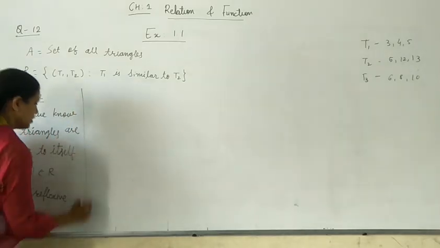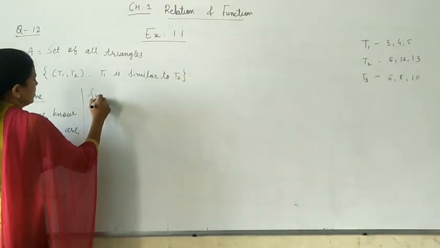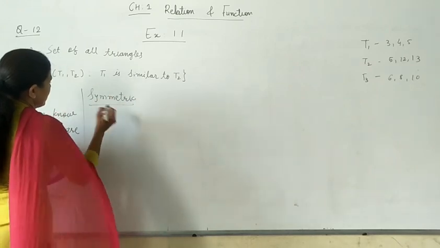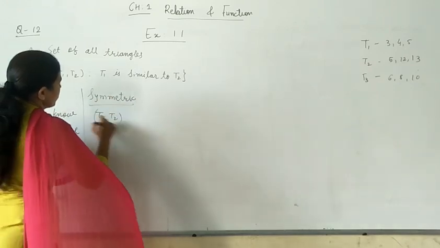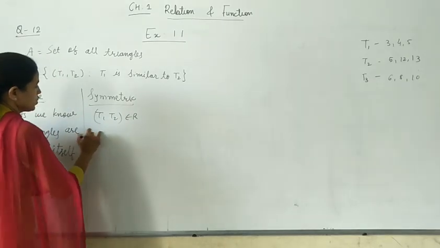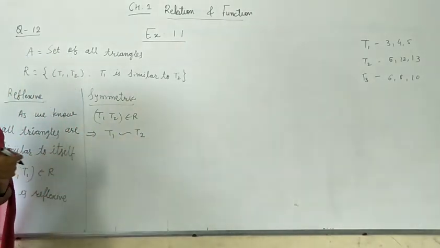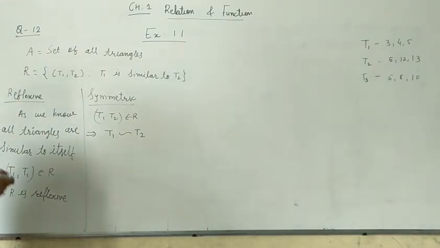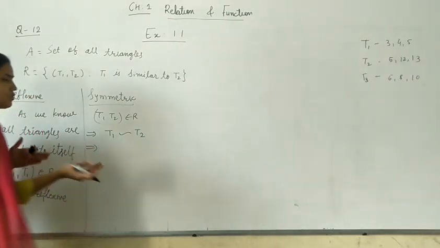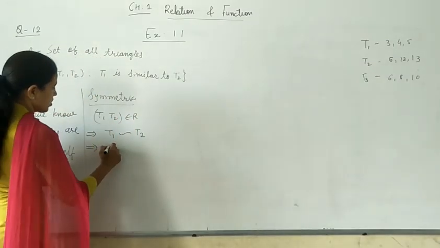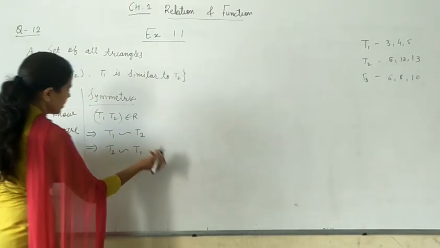Second, symmetry. Now let T1, T2 belong to R. So that means T1 is similar to T2. If T1 is similar to T2, then obviously T2 is always similar to T1.